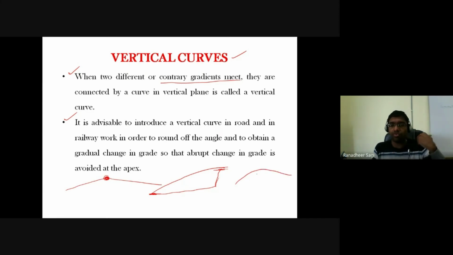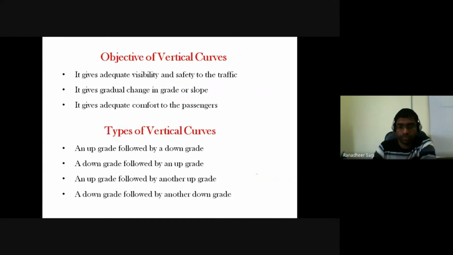You should have a smooth change in the curvature, so that movement on that alignment of the vertical curve does not cause much danger to the people traveling over it, and does not cause discomfort because of a sudden change in curvature. At the apex point, you would see the vehicle suddenly jump out of the plane. It will lose contact with the road and jump in the forward direction. That is sometimes a difficult situation.